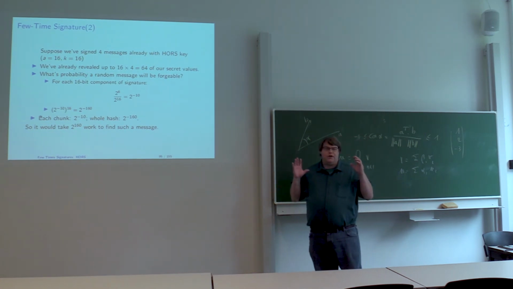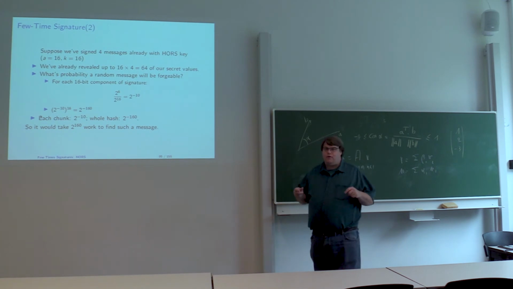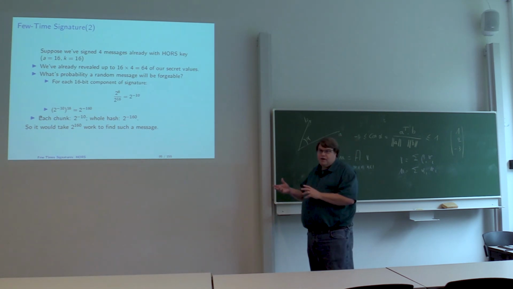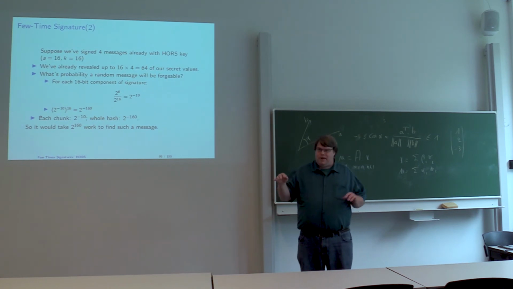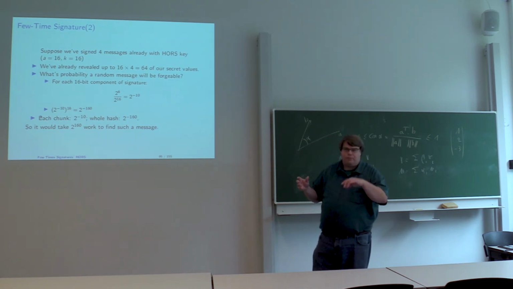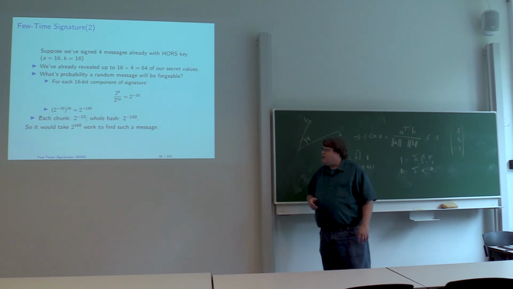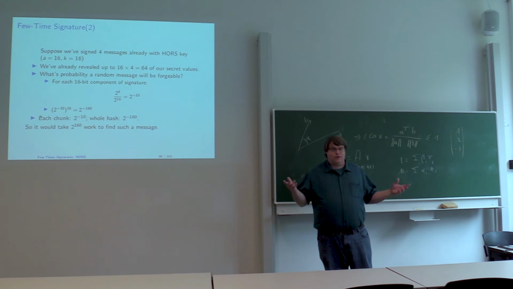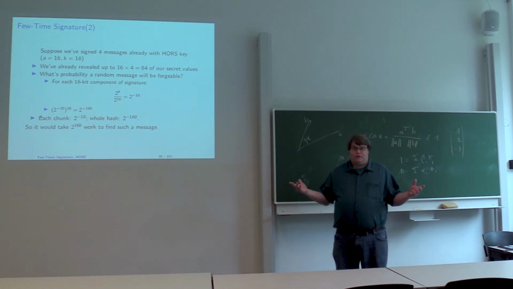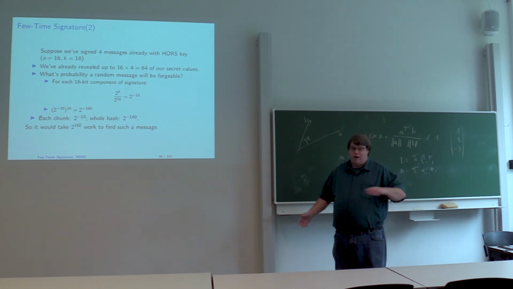So the important thing to keep in mind here is that even if we randomize the hash, so we keep the attacker from being able to choose which intermediate chunks, which particular private key values he gets, when he's trying to do a forgery after he's seen a bunch of signatures, he doesn't have to use our random number. For a forgery, he can use his own, right? He doesn't have to interact with us for the forgery.